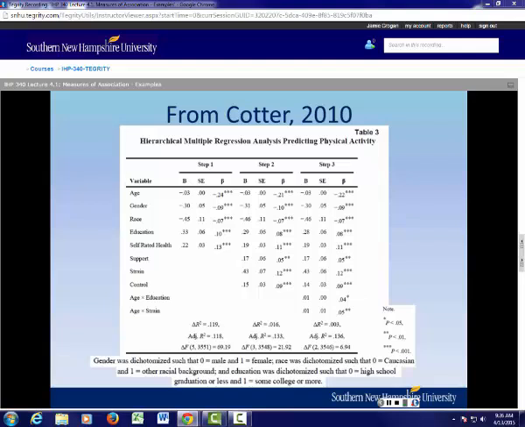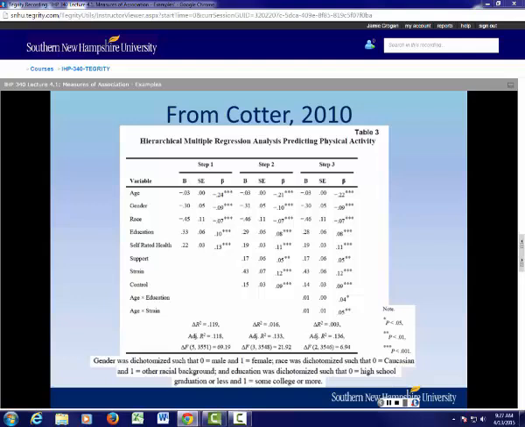Each has a beta, which is b, and a standard error, which is SE, and then a funny looking b. That is what's known as a standardized beta. When you standardize a beta, that allows you to compare betas directly to each other, because you eliminate the different units of measure of each of these variables. Age is measured in years, and gender is a coded variable, and race is also a coded variable. Education is a different unit of measure than age, for example.